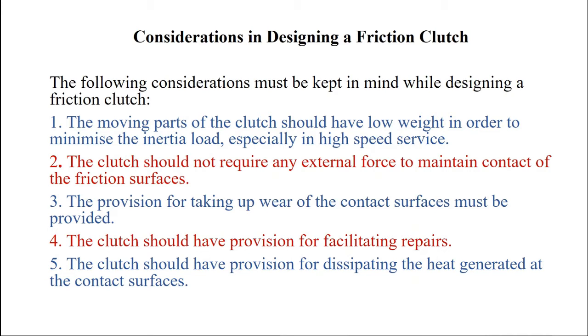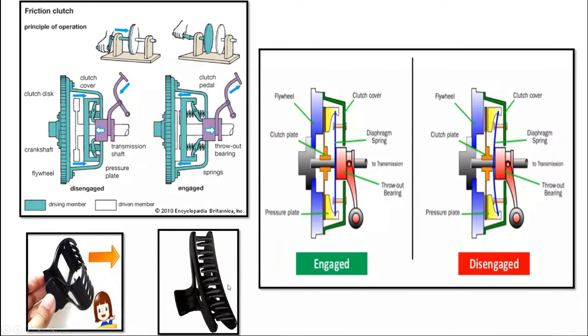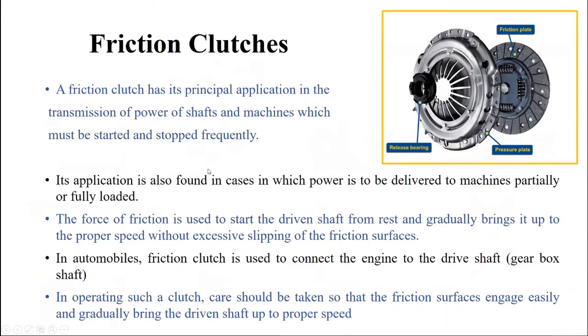It should require minimum power or energy to move itself. The clutch should not require any external force to maintain contact. That means it should remain in contact on its own. Just like here, without touching, they are remaining in contact. Like here, without touching they are in contact. So just to remain in contact, they should not require some external force.